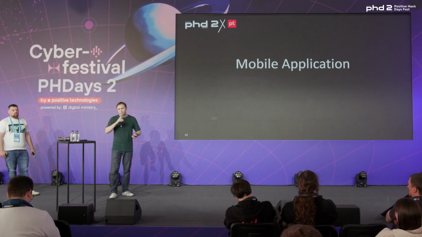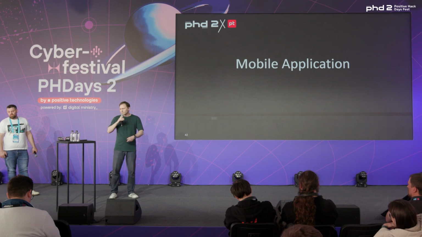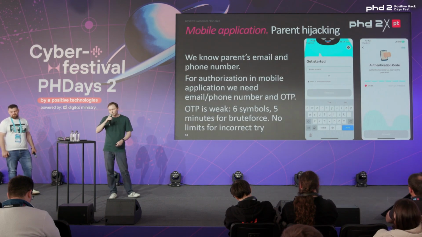Only the parent app can disconnect the robot. Then through this app we have name, surname, gender. You can also install games, and you can also make video calls. And based on all this, you can ask, can you hijack the session? Because all data goes from the cloud.